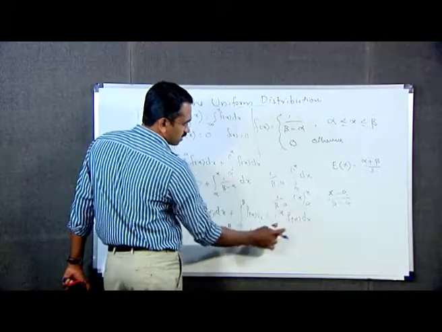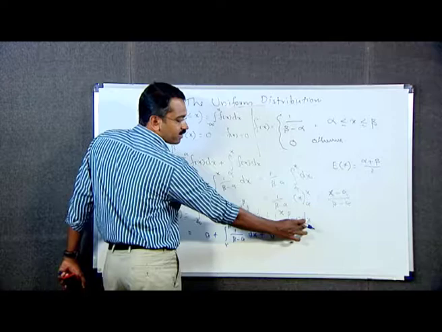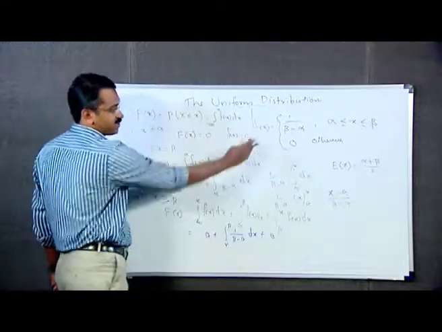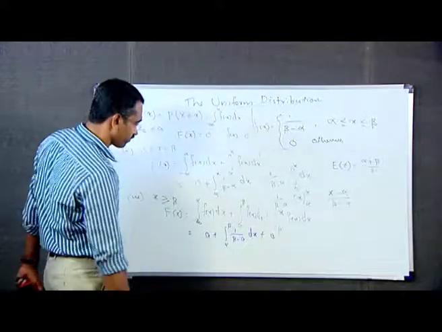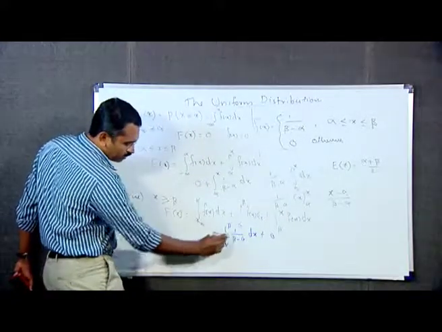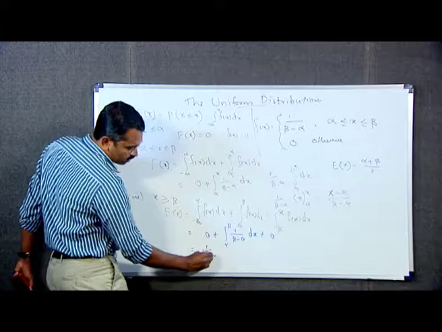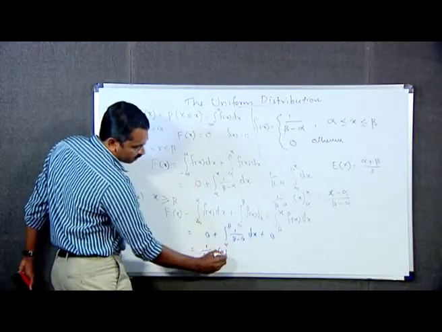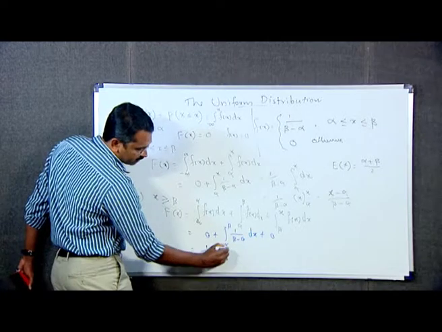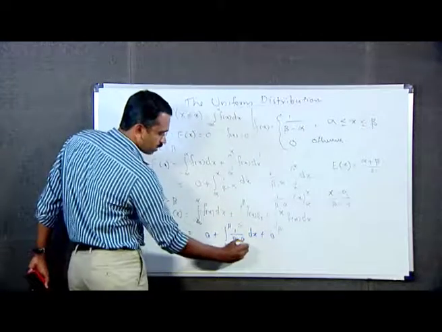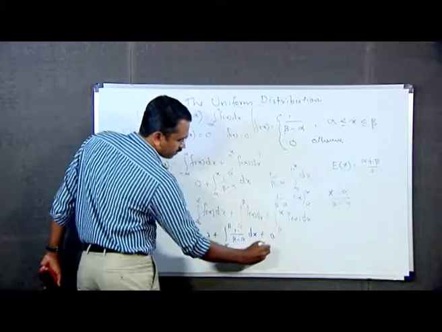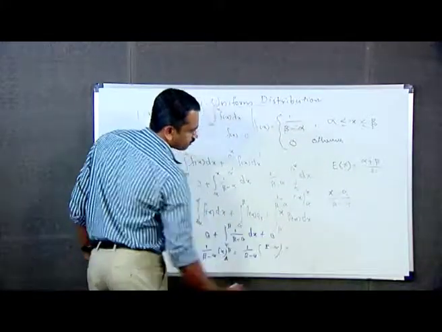In this case, the function is defined as 0, that is, for x greater than beta, f of x is defined as 0. Therefore, this is equal to 1 by beta minus alpha into, on integration we get x between the limits alpha and beta. That is 1 by beta minus alpha into beta minus alpha, which is equal to 1.